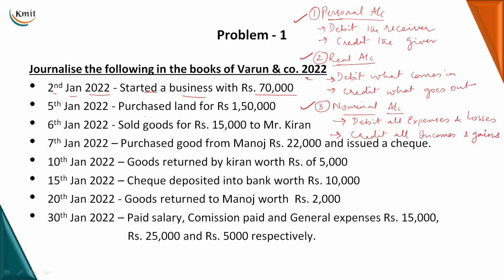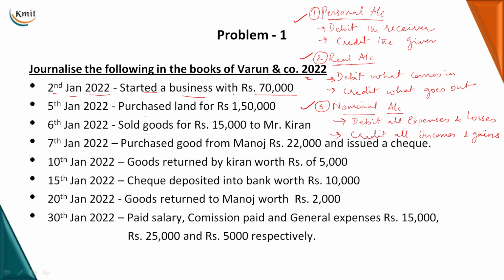Now when this particular transaction is given to you, you are supposed to analyze what are the different types of accounts present in this particular transaction. That is, you need to identify the personal account, the real account as well as the nominal account that are present in each and every transaction which we are going to come across. So in this first one, started business with rupees 70,000.